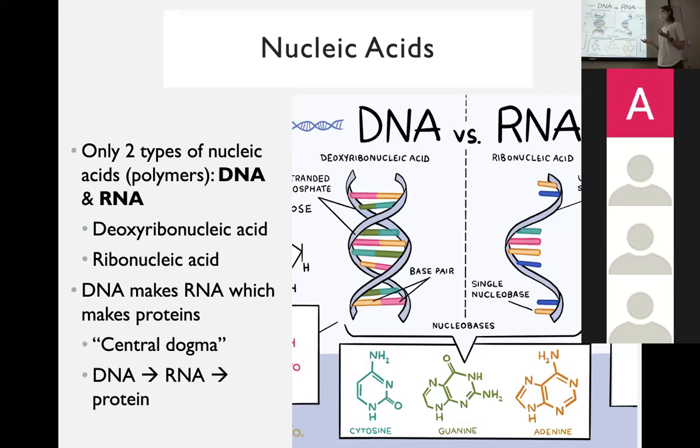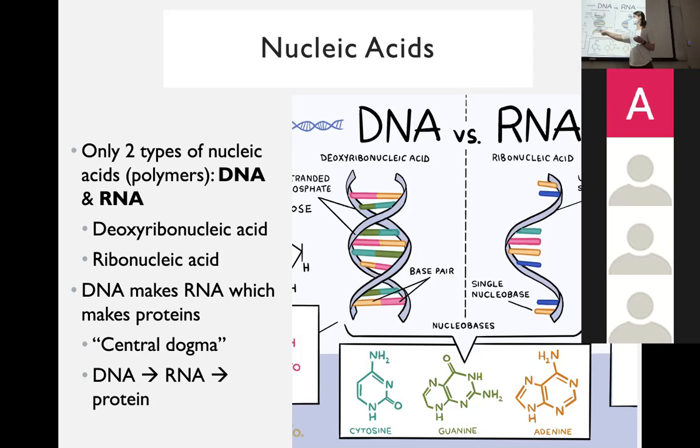So what we call the central dogma in biology is that DNA is used to make RNA, and RNA is used to make proteins. So the goal of DNA, all the DNA in your cells, is to eventually code for some protein. Then those proteins will work together to make cells, which will make tissues, etc. But there's a code within DNA.